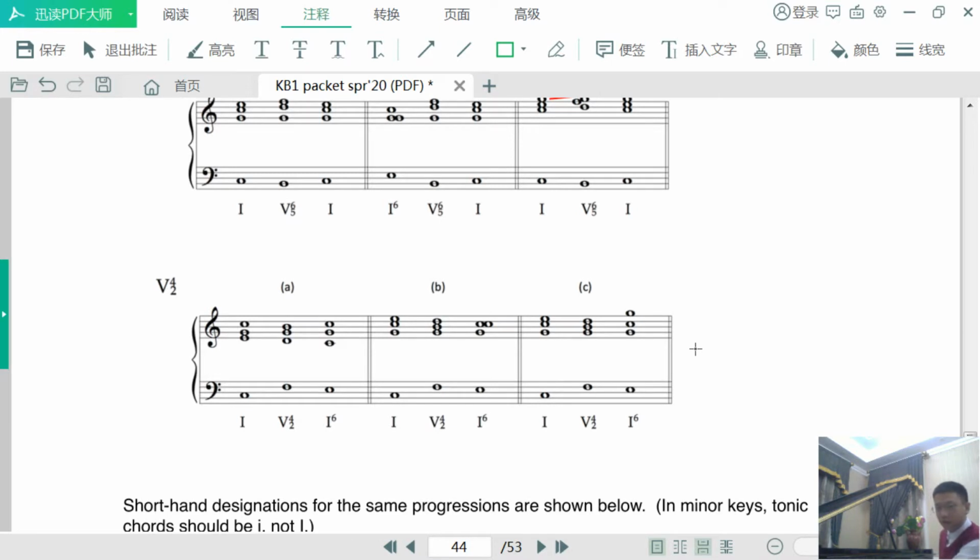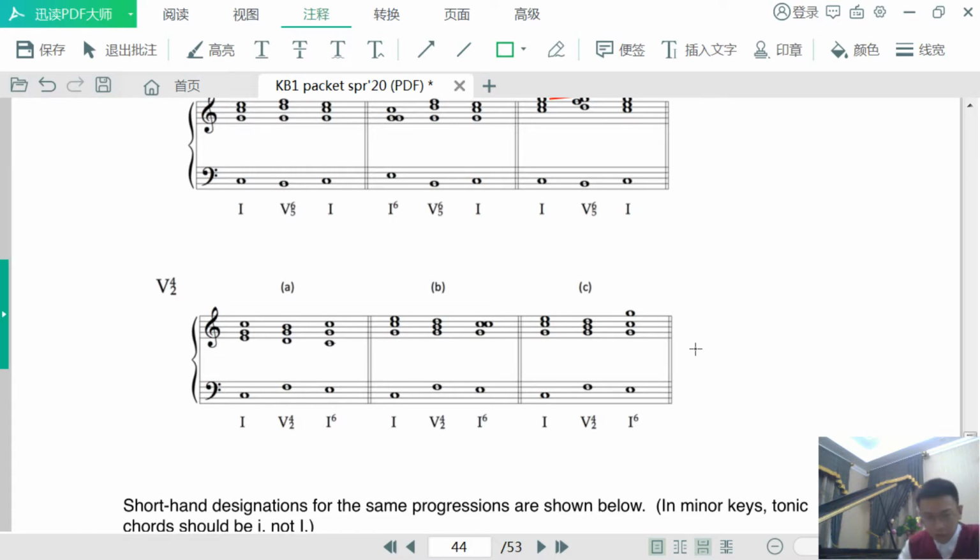The 7th goes down by a step, so the bass goes to the E, which is automatically a 1-6 chord, the first inversion of the 1. The 7th cannot go up by a fourth or up by a fifth, because the 7th doesn't resolve if I do that. So be careful, the 5-4-2 always resolves to 1-6. 7th going down, the 3rd going up.